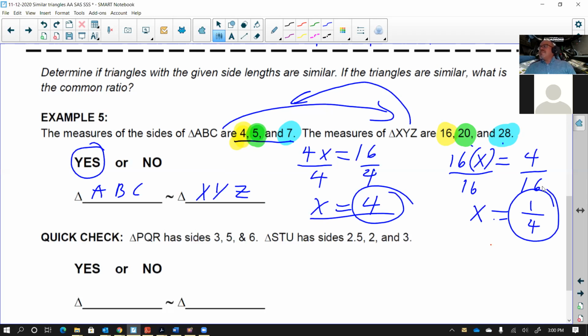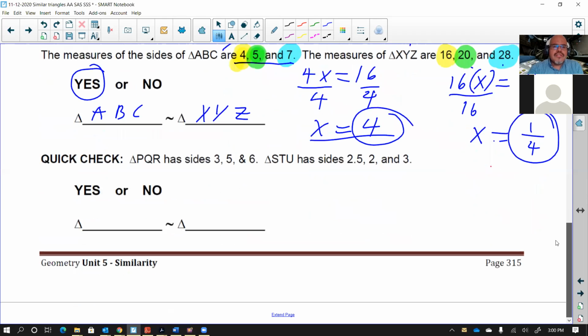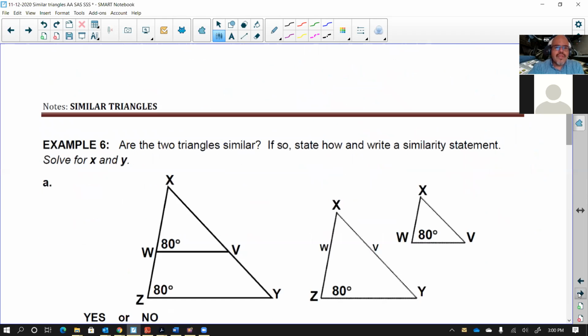So that's what happens. It depends what we ask for as a common ratio. What's the common ratio of XYZ to ABC? Well, it's 1/4. What's the common ratio of ABC to XYZ? Well, it's 4/1. It all depends. So you guys can do the quick check.